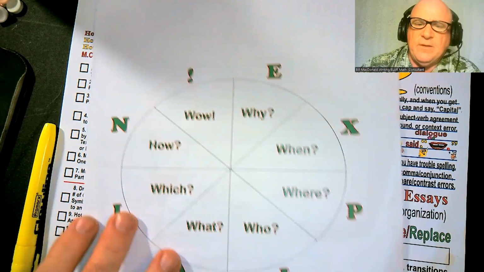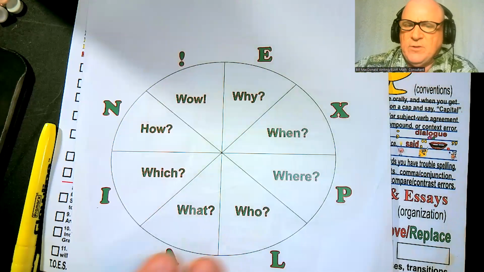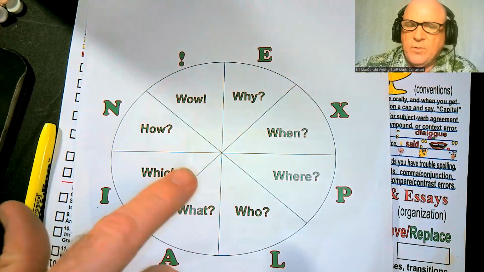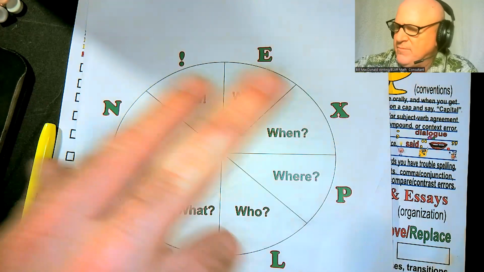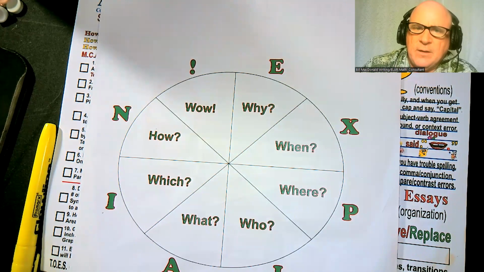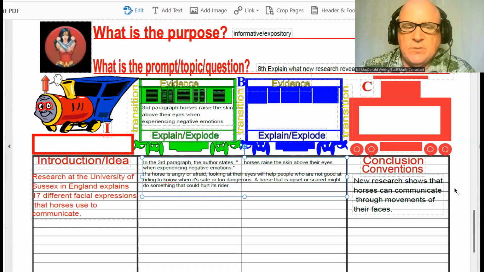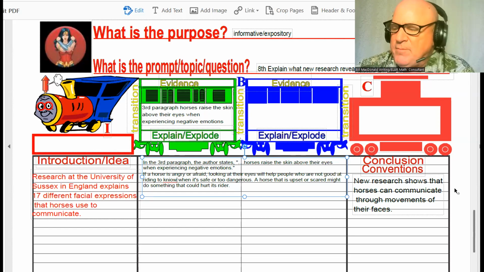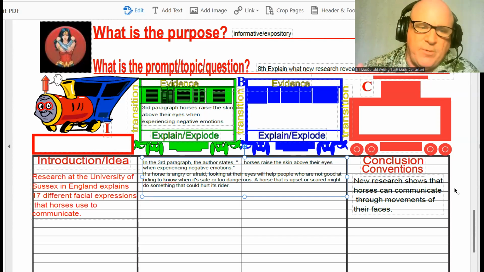And so all of the W's that you see here, words that start with a W or end with one, like how, or the wow, the voice part, I'm going to show you all that the same way I showed you with Smarties for sentences. I'm going to show you with Smarties for details. And it's going to mainly just be for the body because the body is the part you're trying to explain.